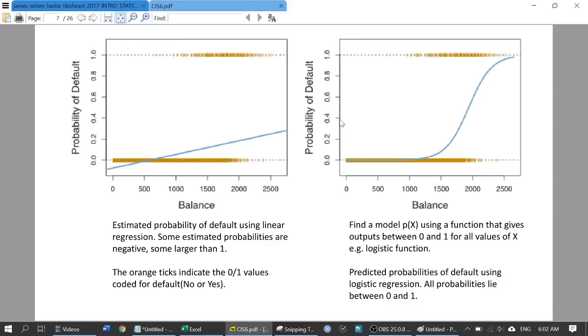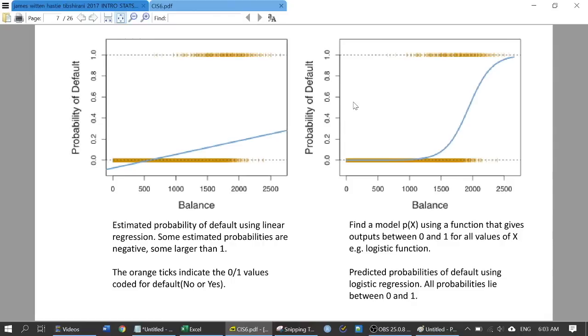So you can use a threshold value of 0.5, which means that if a person has a 50% or 51% probability of being a default, you would disapprove the loan. If the person has less than 50% probability, then you're going to accept the loan.